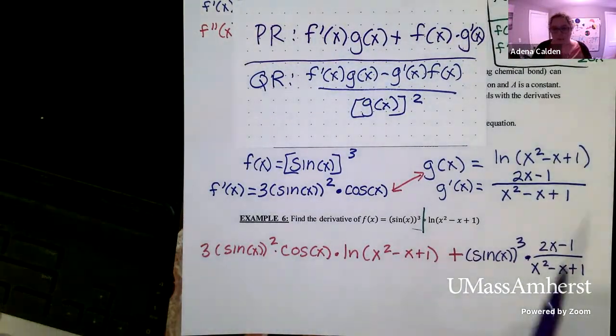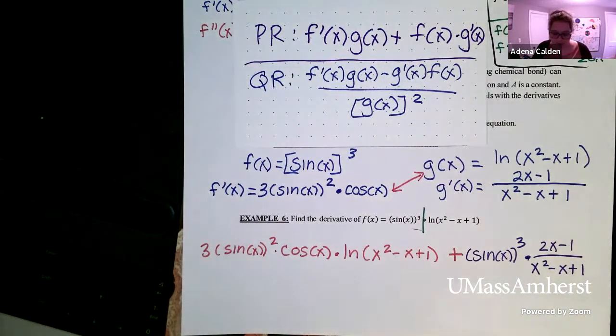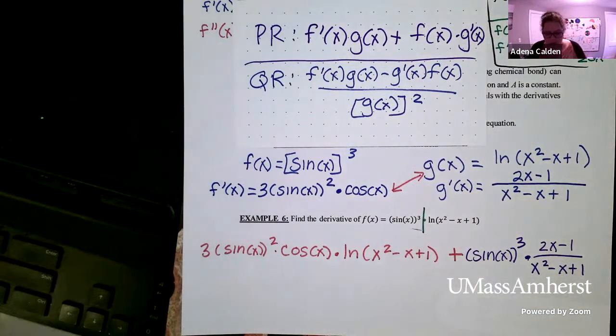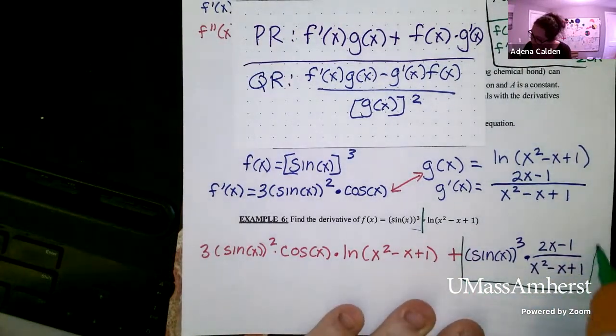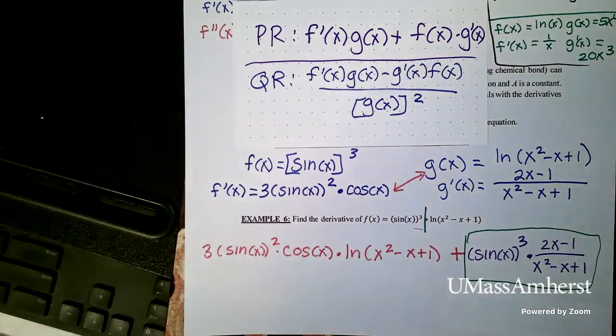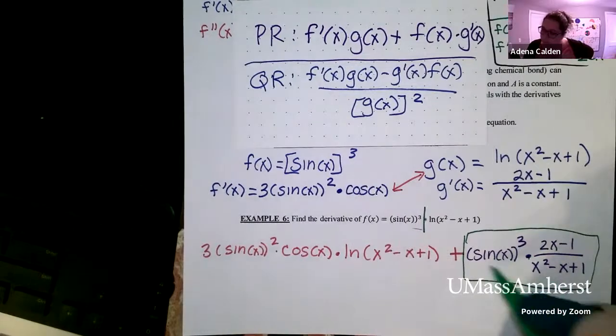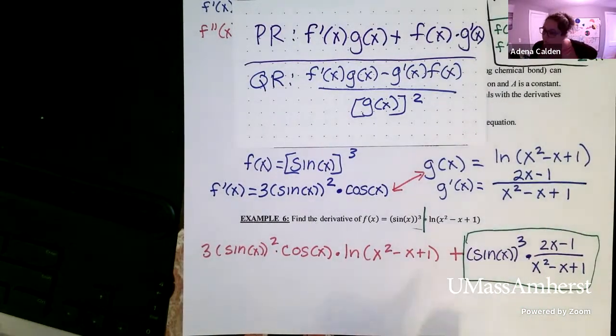It's very long within the product rule here. And so the more complicated the derivative is, the less simplifying that we do overall. The only thing that might get simplified is this last term. And I'll show you exactly what that might look like. So when we have something that is a quotient and we are multiplying by a single term, you can multiply that term into the numerator.